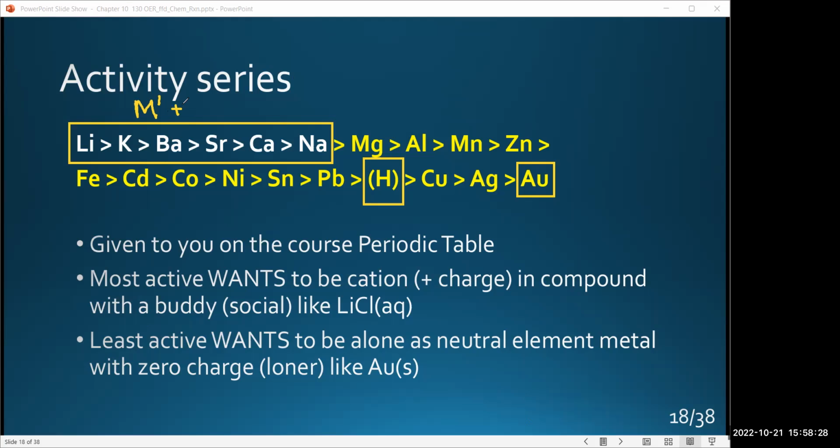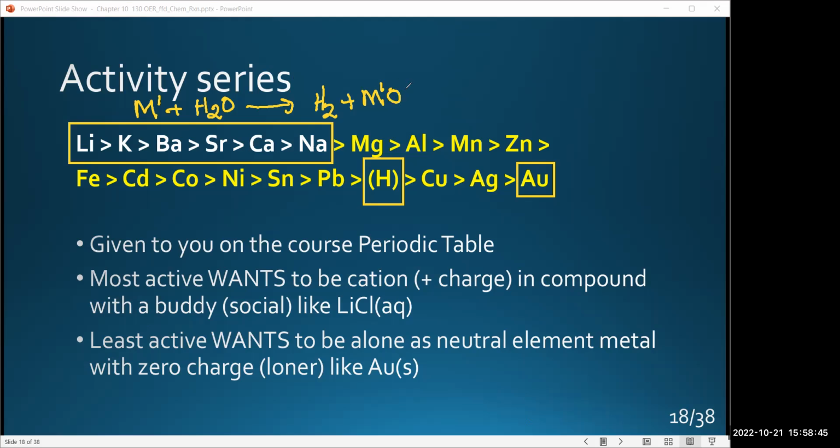If they are in water, they react violently, and in the presence of water, they react with water to produce hydrogen gas plus the corresponding metal hydroxide.